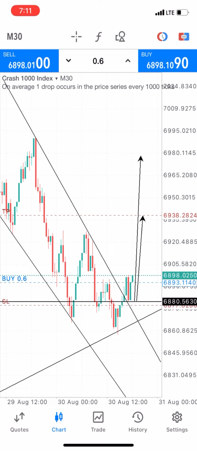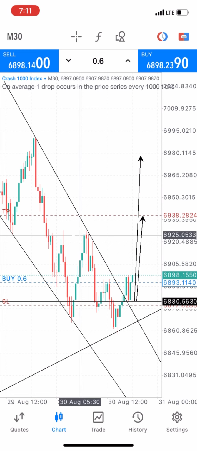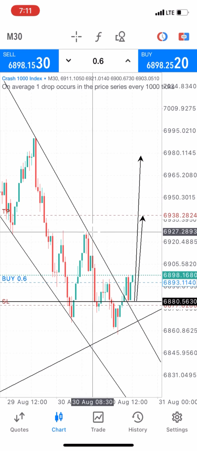As it stands right now, you can see where my TP is at. You can see the arrows and where it's directing us to. We're hoping for price to push to that area, and around this level there might be a spike.